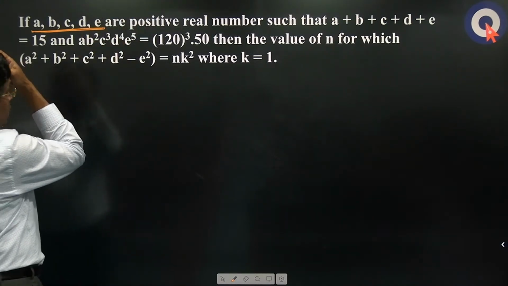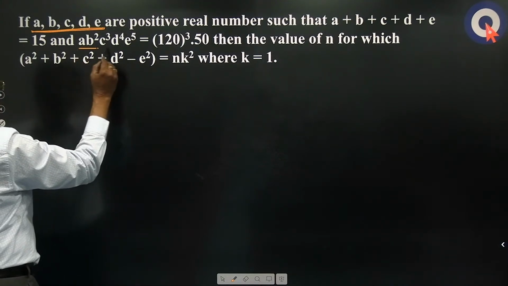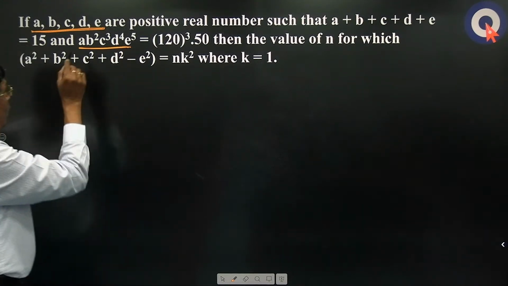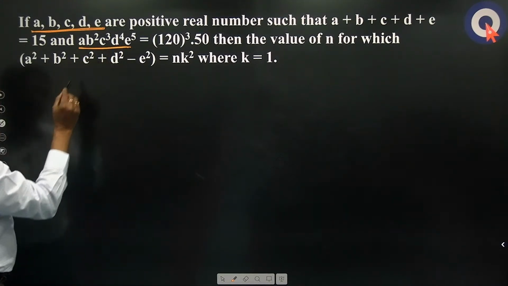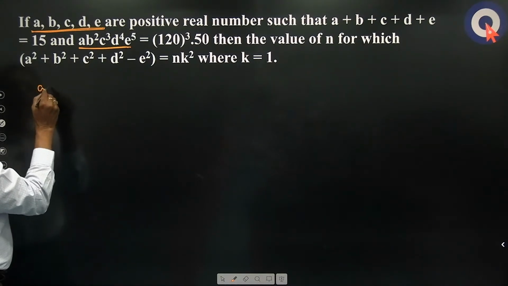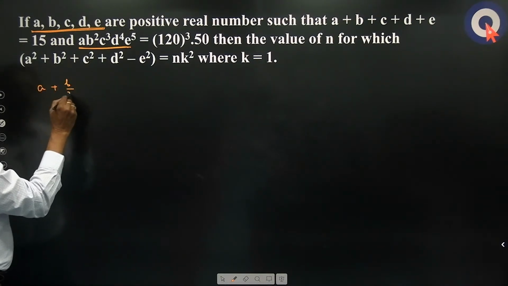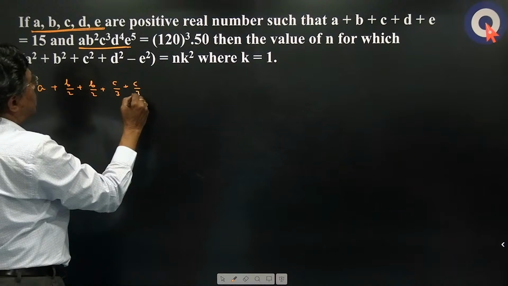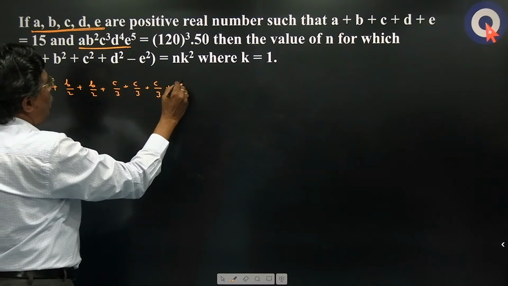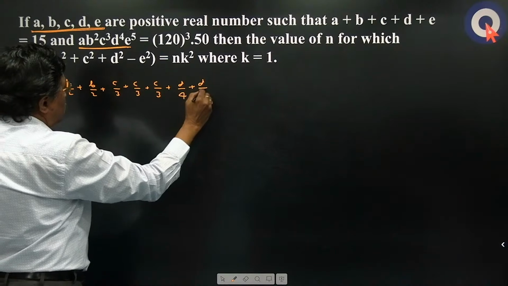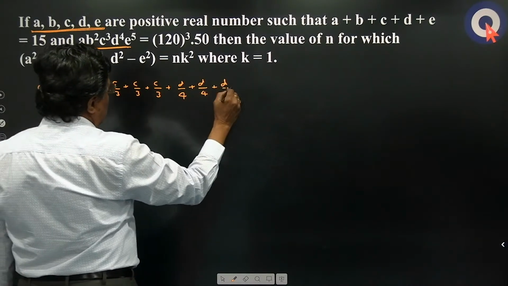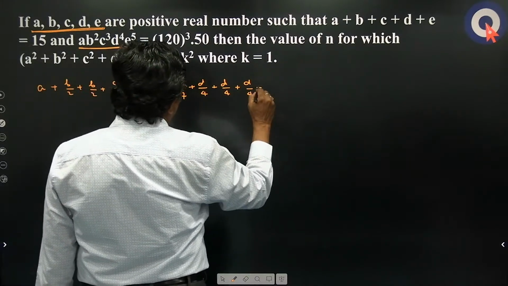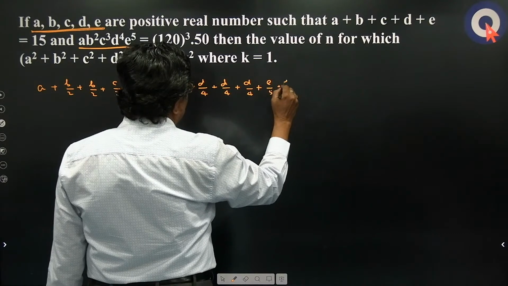To consider that AM-GM inequality, here you have a big thing, A B square C cube D power 4 E power 5. Because of the presence of such a product, we shall consider A, B by 2, B by 2, C by 3, C by 3, C by 3, D by 4, D by 4, D by 4, and so on, plus E by 5, E by 5, 5 times.